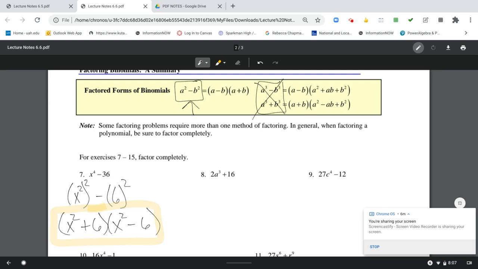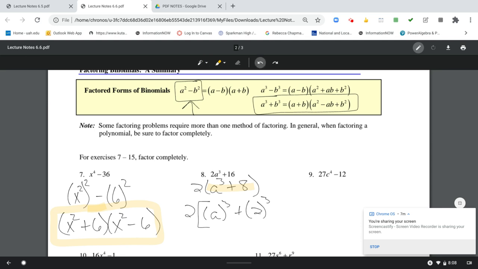In number 8, the first thing I see is that I have a greatest common factor of 2. Now, when I take out that greatest common factor, what is left just so happens to be a sum of cubes. So that is what I'm going to factor. So I have a to the 3rd plus 2 to the 3rd. So now I'm going to fill in my gaps, my binomial and my trinomial factor.